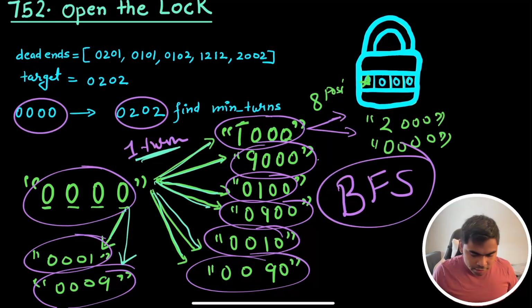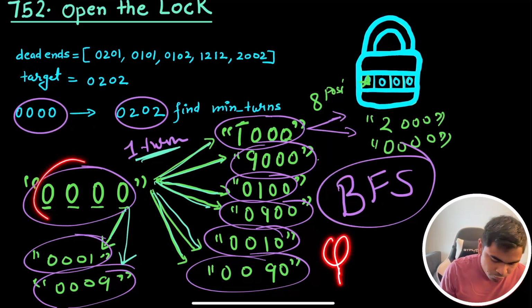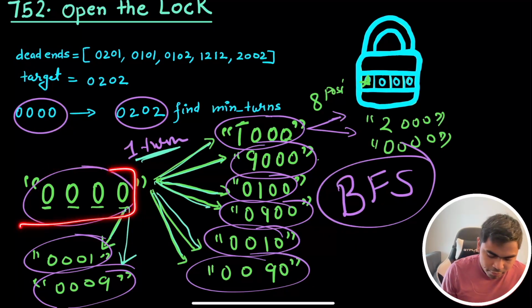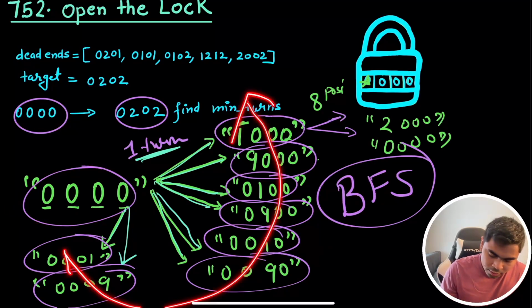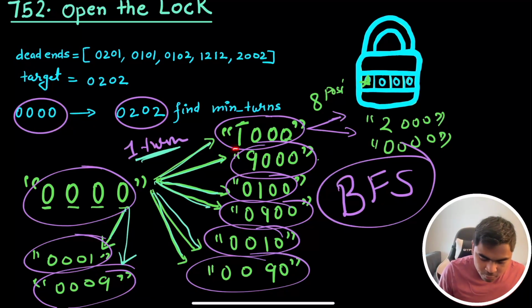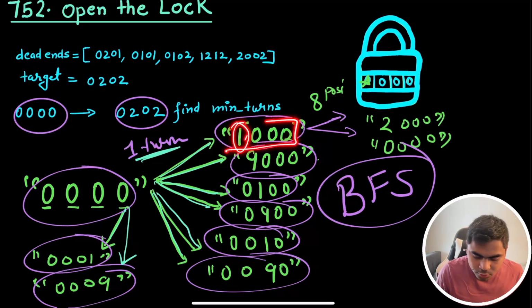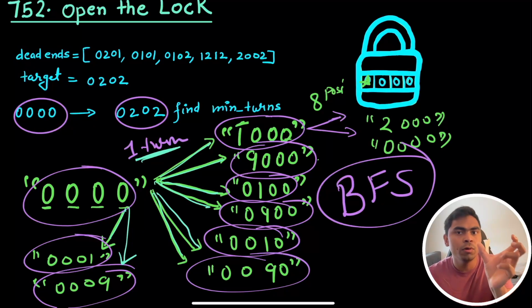All right, so this is going to be super simple. We'll have a queue. In the queue, first we will start with our initial state, and then we'll basically try to create these neighbors. We will have to create them. They don't exist. We will pick one index and then convert that to integer, do plus minus 1, and then append back to our string and then check if that combo that we just created is our answer.